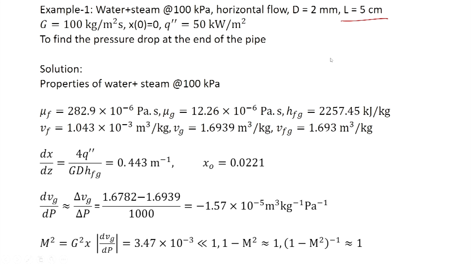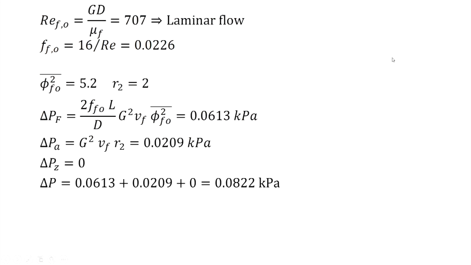So, we get dx by dz and xo, and then dvg by dp, and then we find m square, which is negligible. Re FO is equal to 707, so it is laminar flow, and f FO is equal to 0.0226.